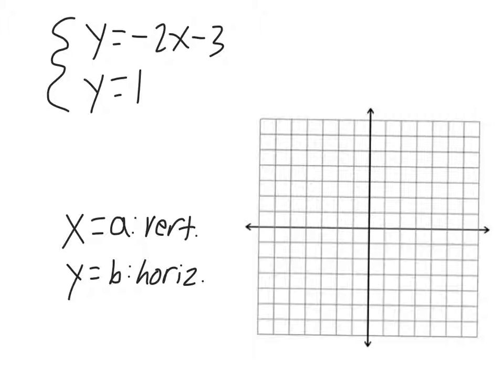So, first let's graph our y equals -2x minus 3, making this red and this blue. So the y-intercept is -3, and then the slope is -2. So we go down 2 and to the right 1.